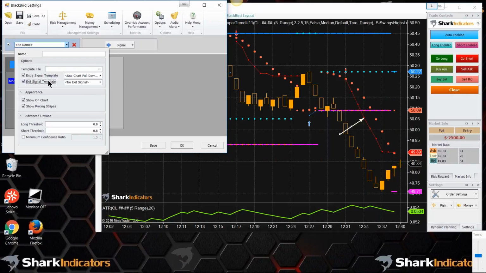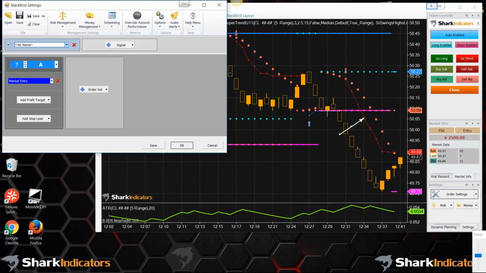The same rules apply to a strategy. So you would want BlackBird to be running on the lowest, the shortest or fastest time frame, and then you could have your exit signals based on higher time frames if you wanted to.